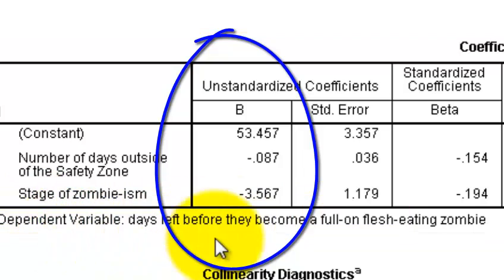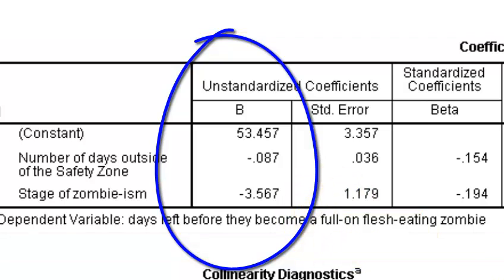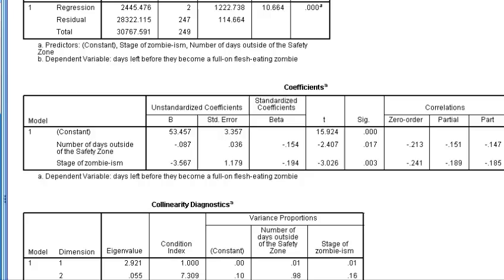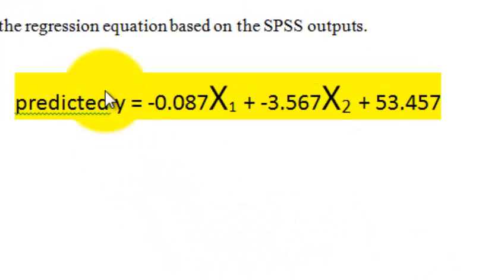And we replace the coefficient of x2, which is predictor 2, with negative 3.567. Remember, the units of these coefficients are different for each variable or predictor. So here is the final equation. We're done!